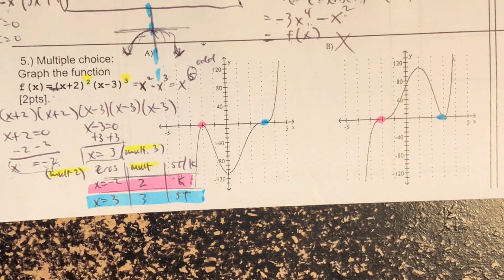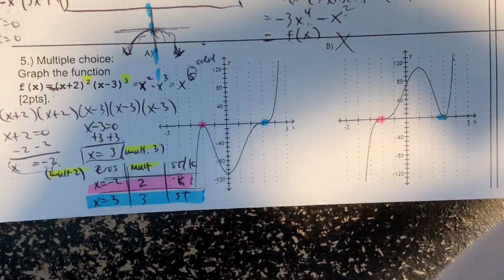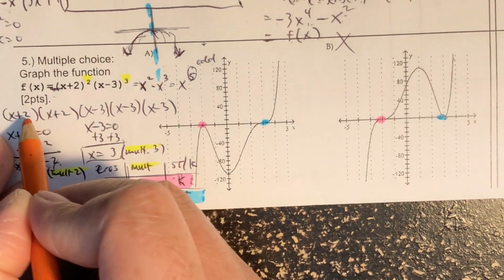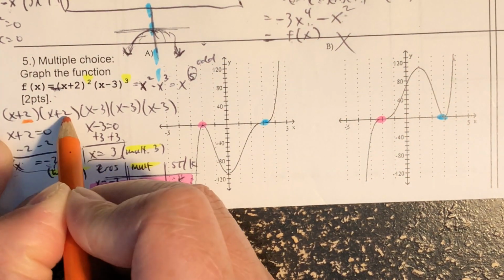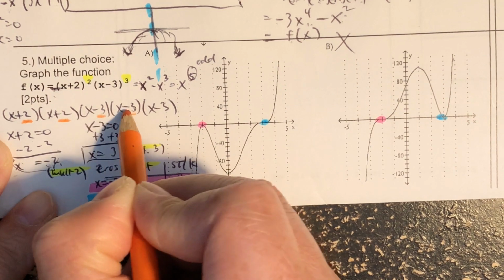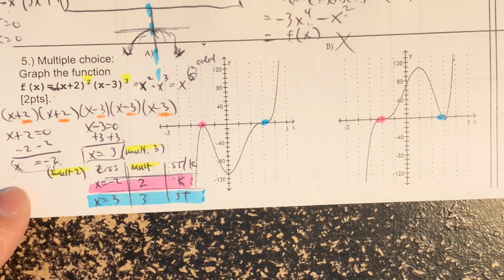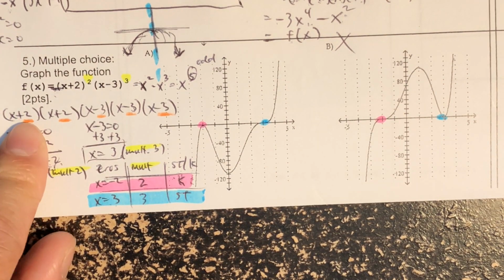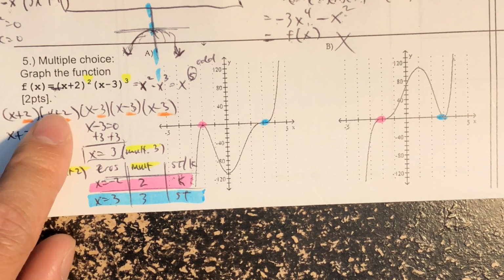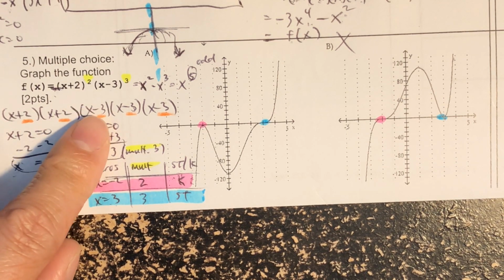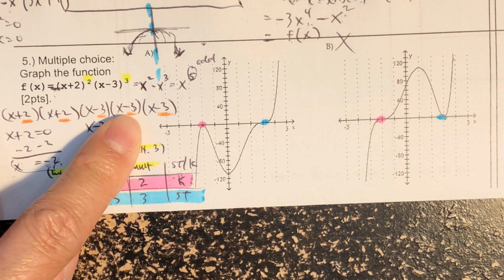Let me show you one more. We kind of did this in class. If you multiply all of the last numbers, again, we're not trying to multiply all this out, but it might give us a super good hint here. 2 times 2 is 4. 4 times -3 is -12. -12 times -3 is 36.